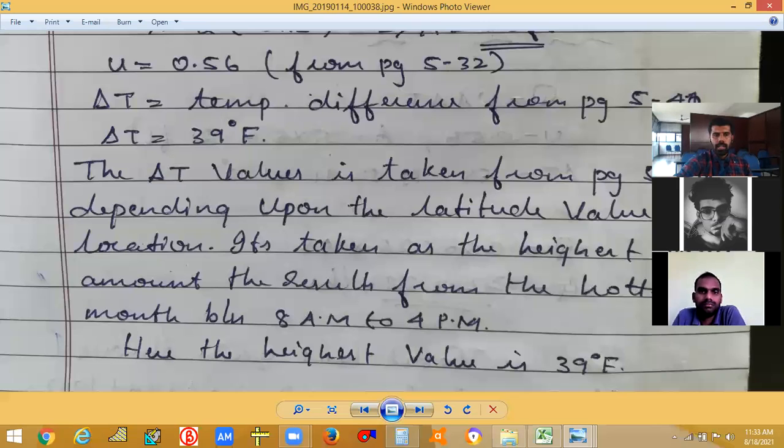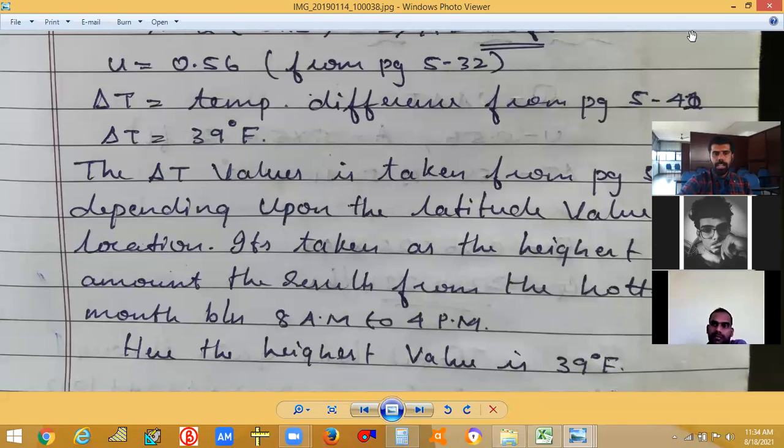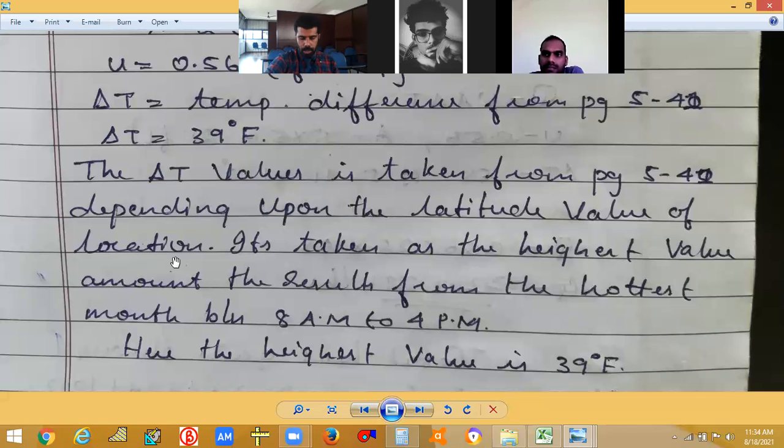See, the delta T value is taken from page number 5.41, depending upon the latitude value of the location. So normally our latitude value is 9.58 that we have seen in Kochi.